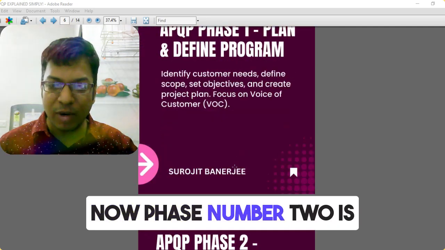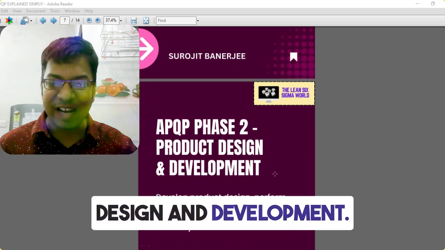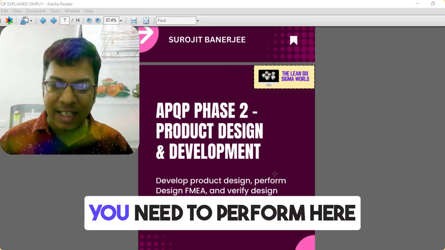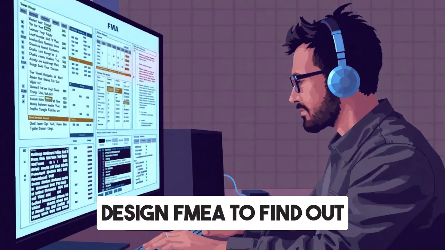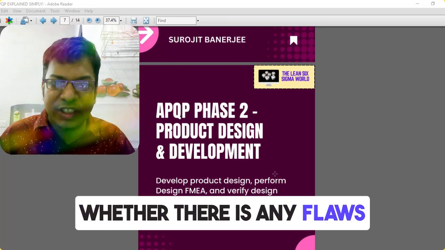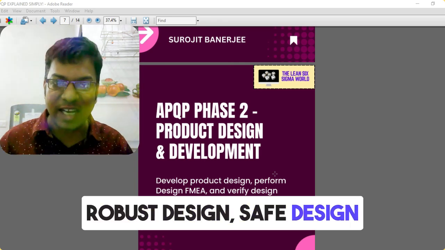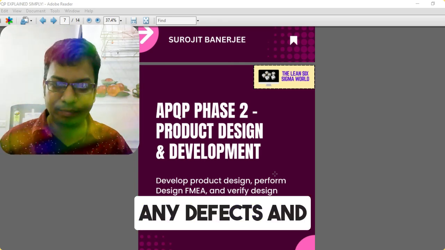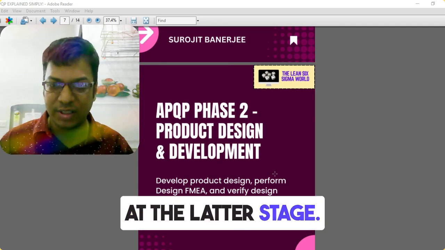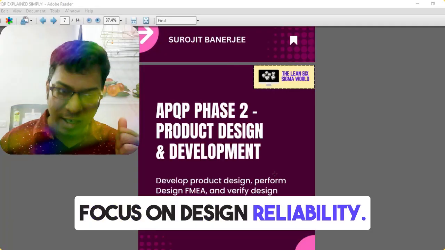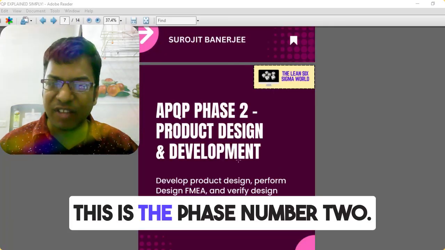Now, phase number 2 is basically product design and development. So develop the product design. You need to perform design FMEA to find out whether there are any flaws in the design stage, so that you can ensure a robust design, a safe design, and there should not be any defects. There should not be a problem at the later stage. So verify the design through testing. Focus on design reliability. This is phase number 2.